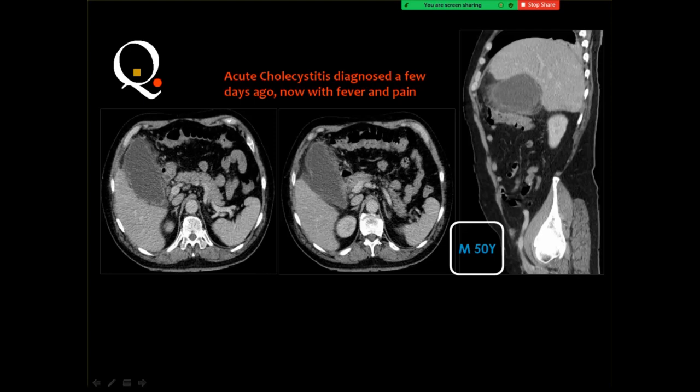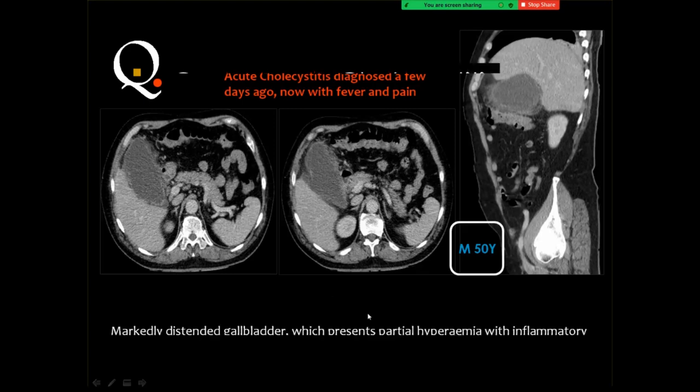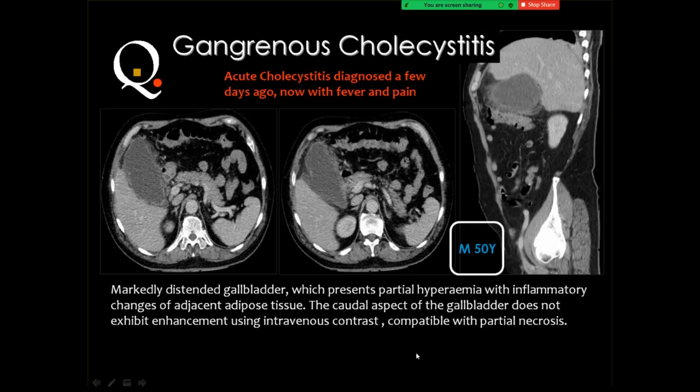If you look carefully here, you see that this wall of the gallbladder is more or less enhancing, and this wall of the gallbladder is not enhancing, and this is considered by the literature an initial sign of the development of gangrenous cholecystitis.